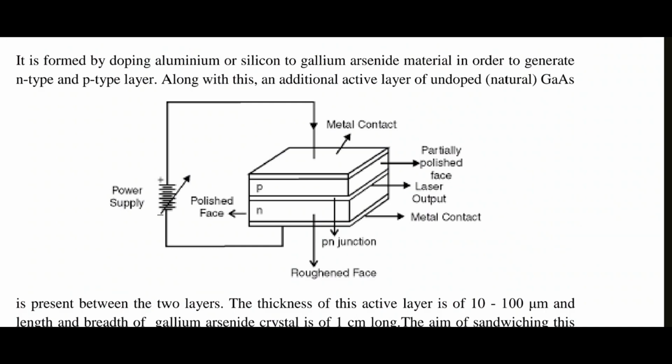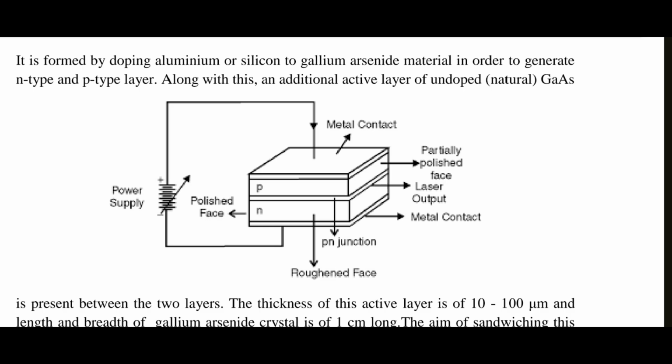Construction is very easy. It is formed by the doping of aluminium or silicon with the gallium arsenide to generate the n-type and p-type. Along with that, an additional layer is present between the two layers, the undoped region, called the active layer. The thickness of the active layer is 10 to 100 micrometers, and the length and breadth are 1 centimeter.